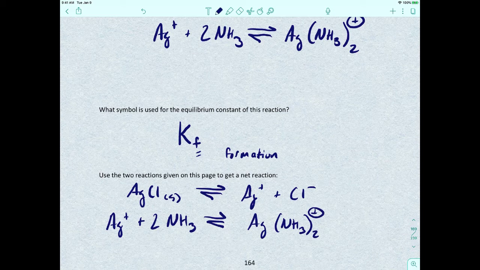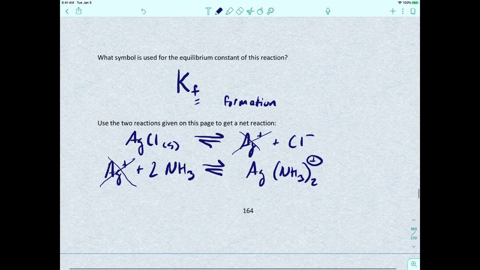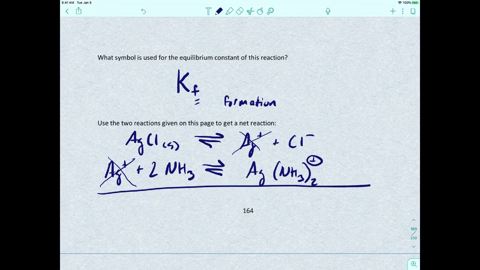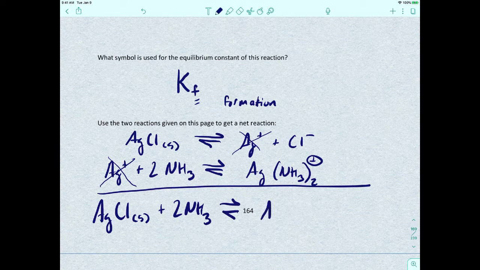All right, so Ag plus shows up on both sides of the equation. So if I add these two equations together, we get AgCl plus 2 NH3 in equilibrium with this complex, Ag(NH3)2 plus, and Cl minus.